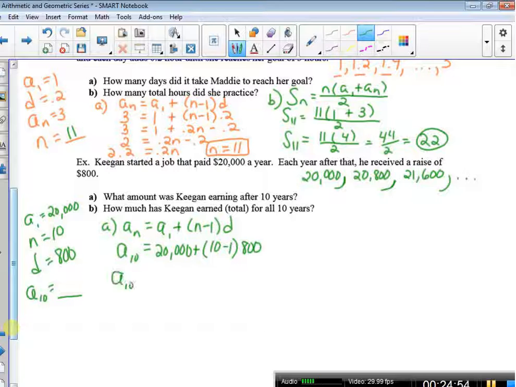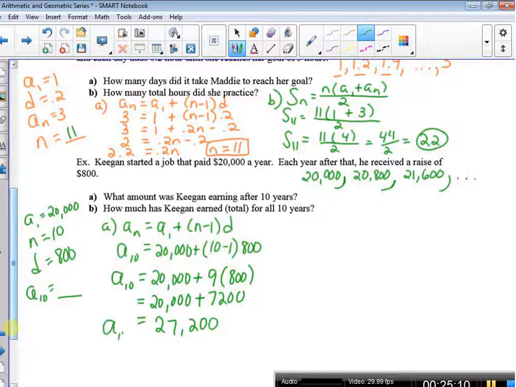So she will be making on the 10th year 9 times 800 plus 20,000. So 20,000 plus 7,200, or 27,200. So that's the answer for the first part.